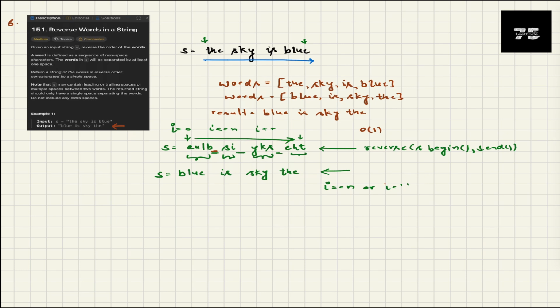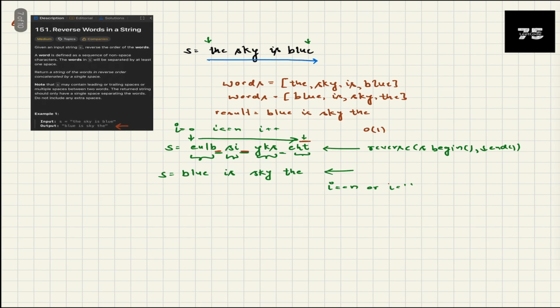Whenever my i has reached the end here, or if my i has reached where there is an empty space, I'm supposed to reverse from S dot begin plus start.